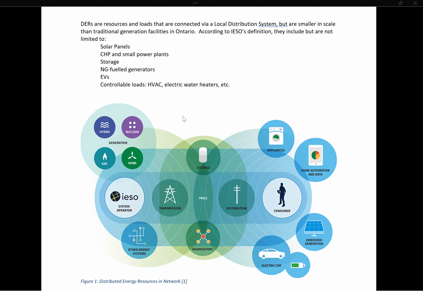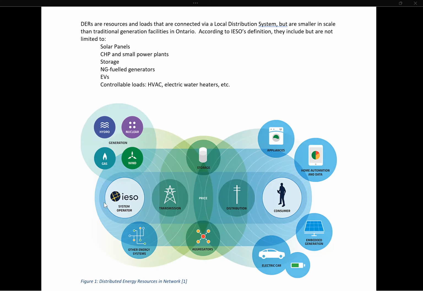And then controllable loads, so that's what we are using all of this for. So our appliances, our HVAC systems, etc., are basically the lights that we need to keep on.